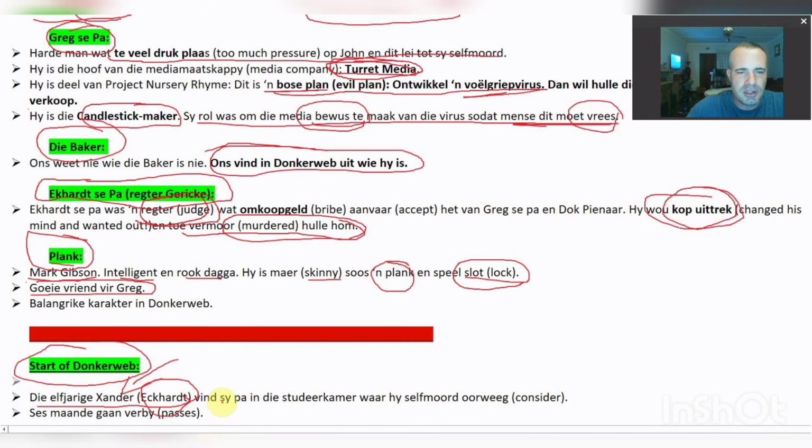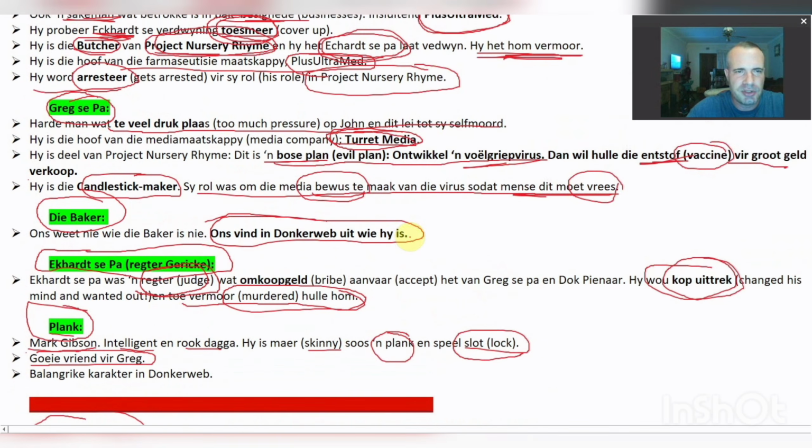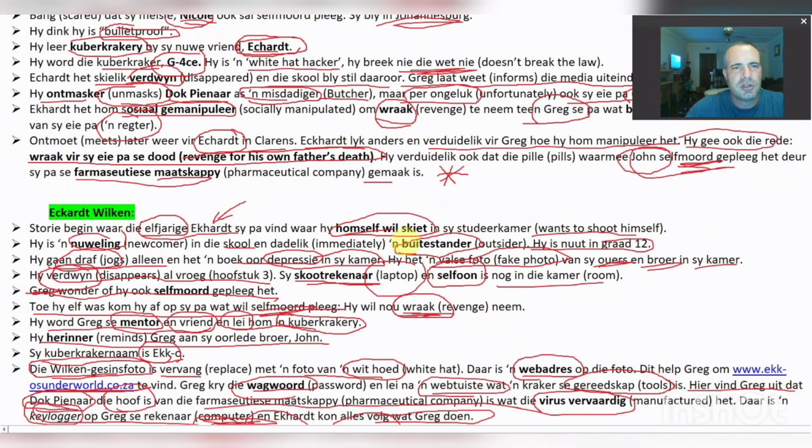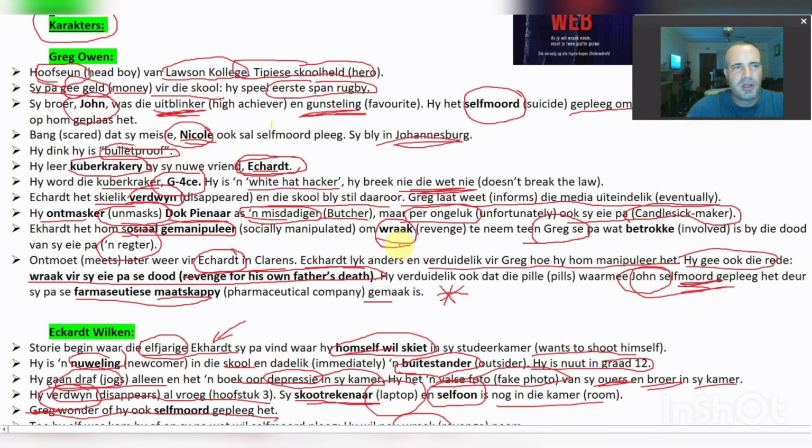And again, he finds his dad where he wants to consider suicide. And then on the same page, they jump to 6 months later, and then there's that incident where this guy's pitch up at his house and he gets murdered. Okay, so I hope that makes sense.